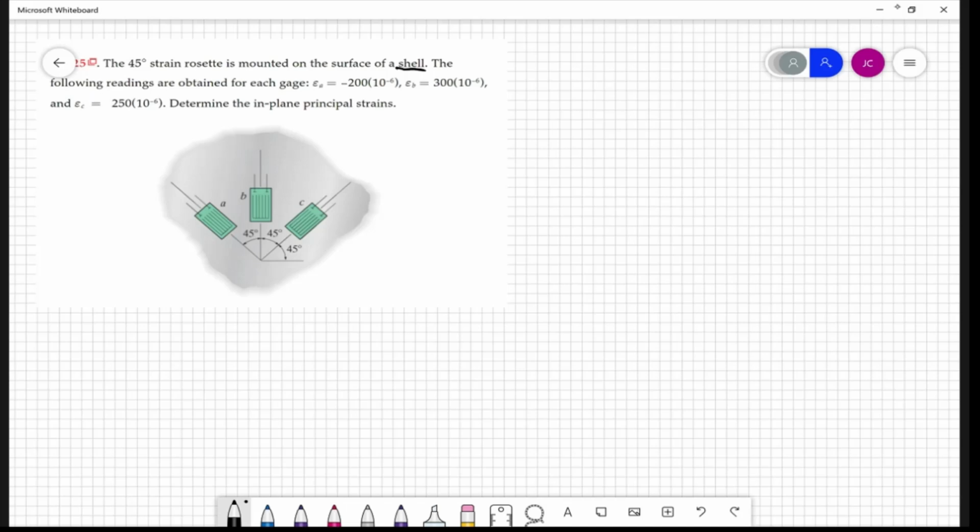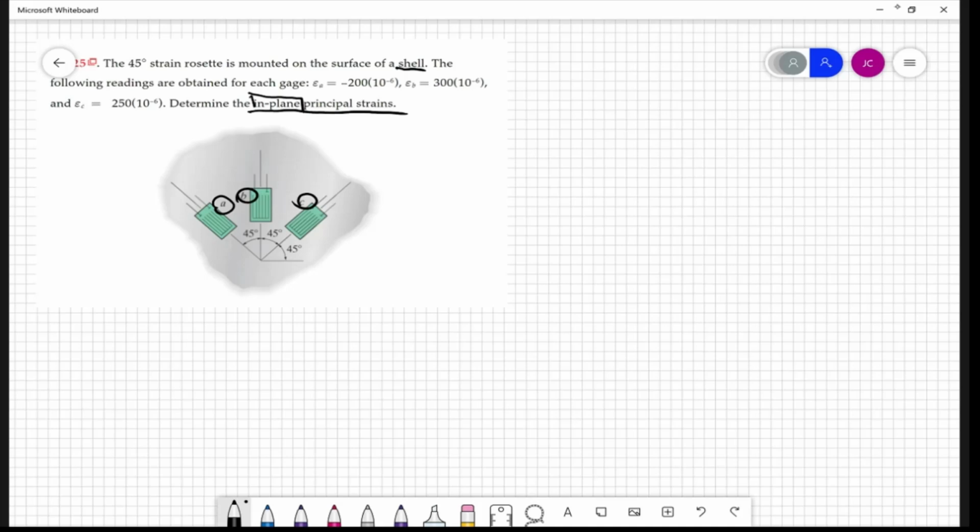They give you the readings for strain gauge A, B, and C, and they want you to determine the in-plane principal strains, okay? The reason they say in-plane is because, since it's reading strain, if it's a shell problem, there will be a small contraction through the thickness, and that would give you a non-zero Z component of the strain, but it's pretty easy to pick those out. For calculating the stresses, it will not make a difference. But anyway, here it goes.